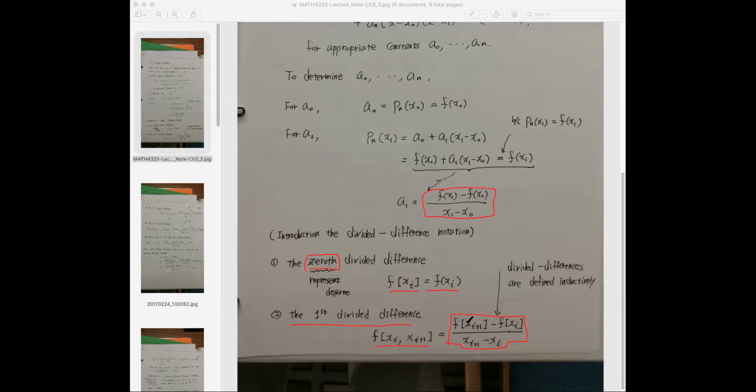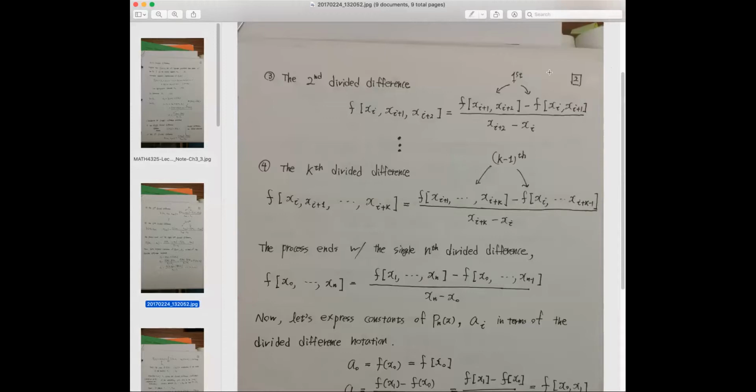But f bracket x sub 1 is nothing but the zeroth divided difference, which is f of x sub i, so f bracket x0 is f of x0. So we can express this using the first divided difference, and f of x0 can be expressed as the zeroth divided difference. Now, the next one.